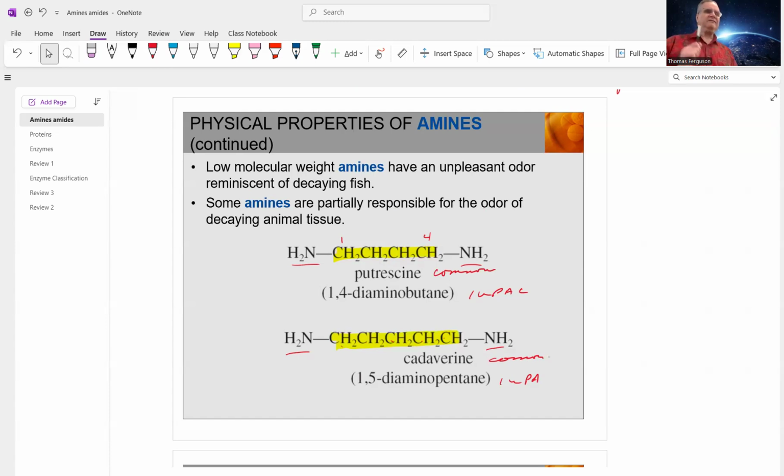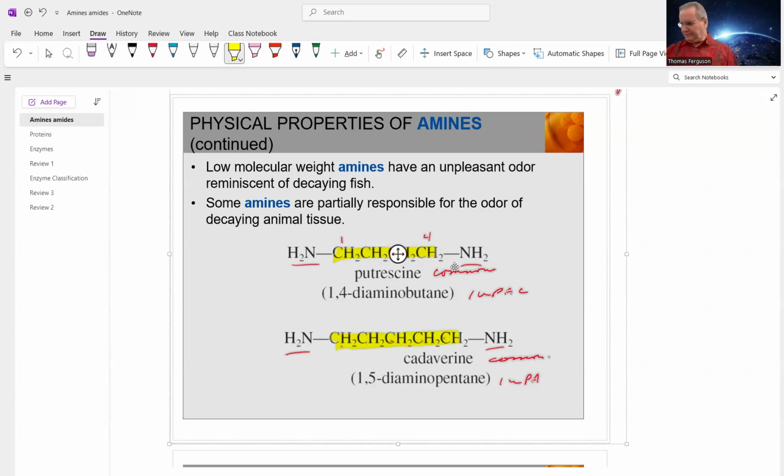Nitrogen compounds are even stinkier. They even name them, like this guy here. It's got a four carbon backbone and it's got 2 amino groups, so it's 1,4-diamino butane, but its common name is putrescine, after putrid. So when decaying animals are smelly, there are 2 reasons why.